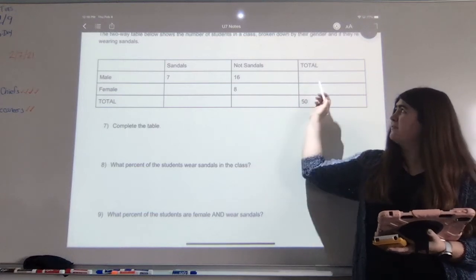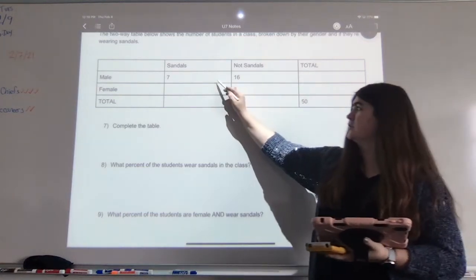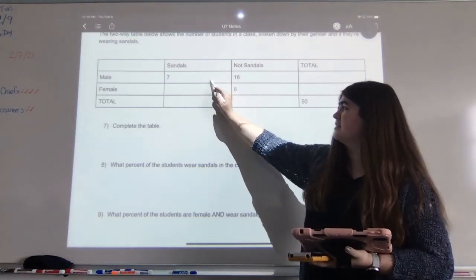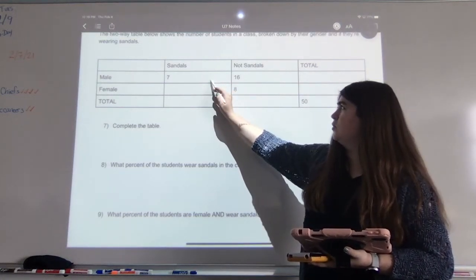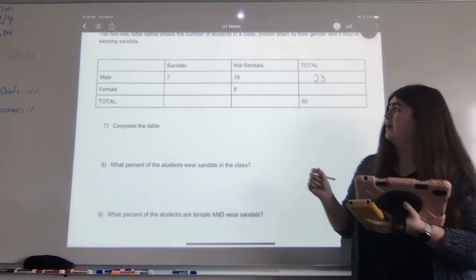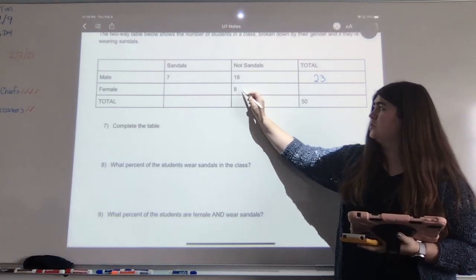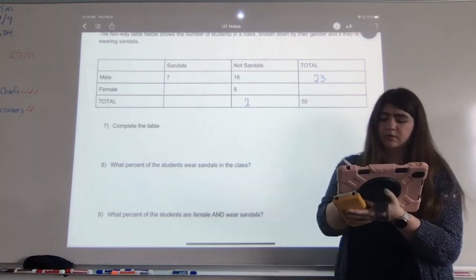And I know that to find my total of males, I need to add these 2 numbers together. So I have 16 plus 7, which is equal to 23. And I have 16 plus 8, which is equal to 24.